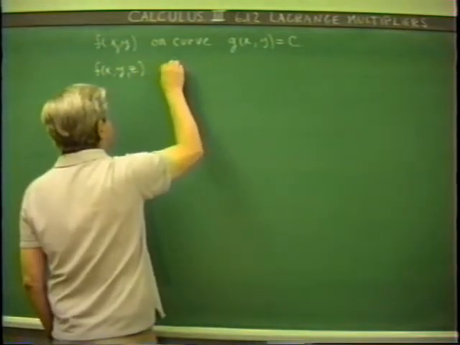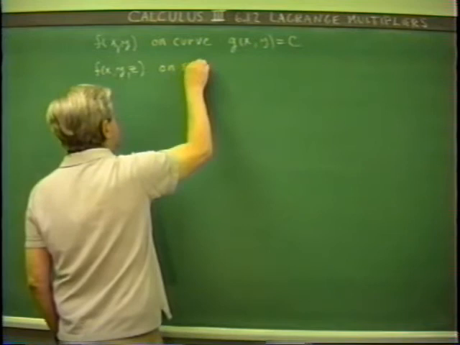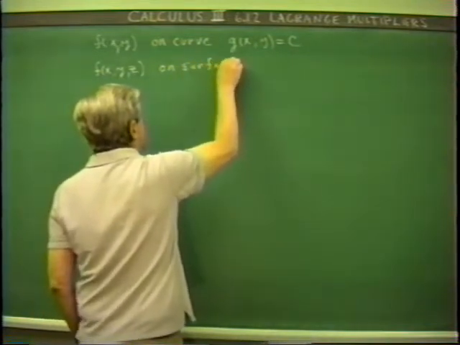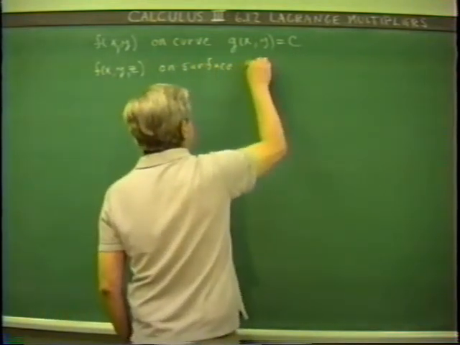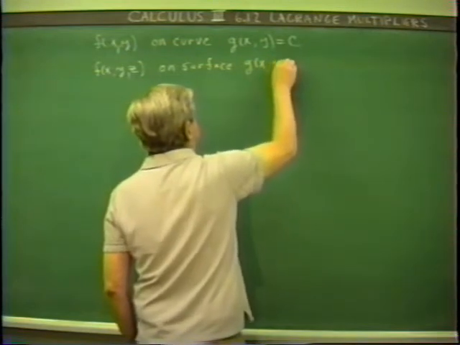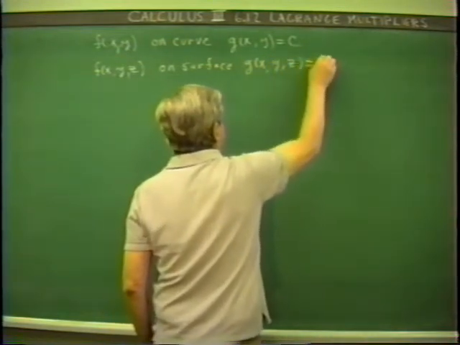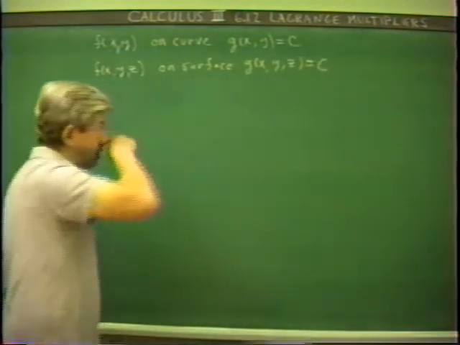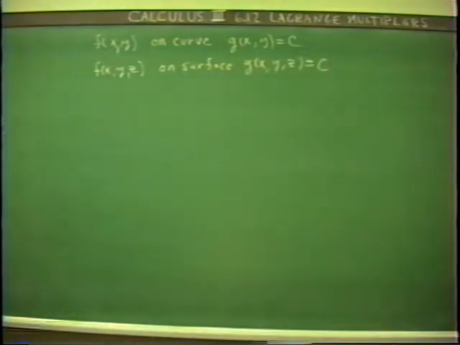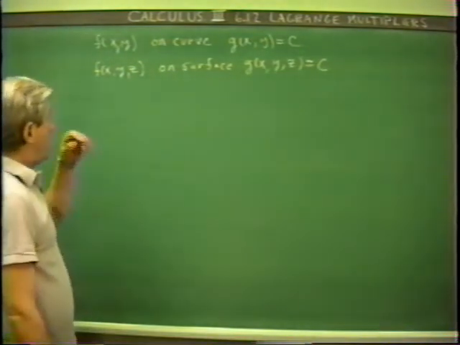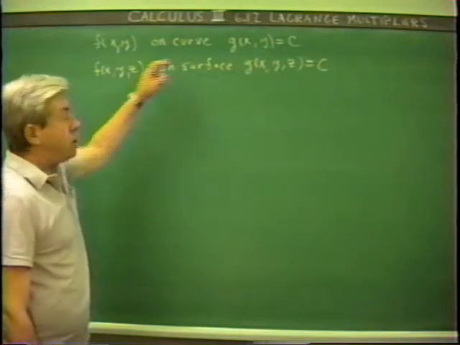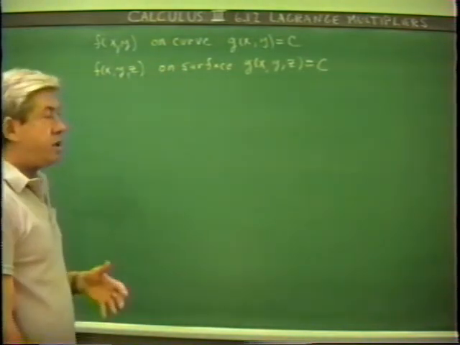Or another situation we're going to look at here is if we've got f of x, y, and z, defined in three-dimensional space, we want to know where it's maximal and minimal on the surface defined by a function g of x, y, and z equal to a constant c.